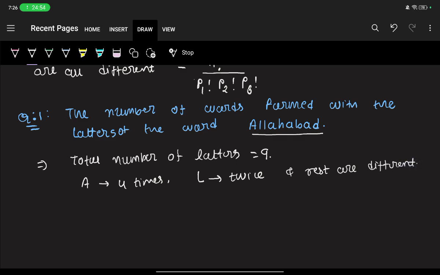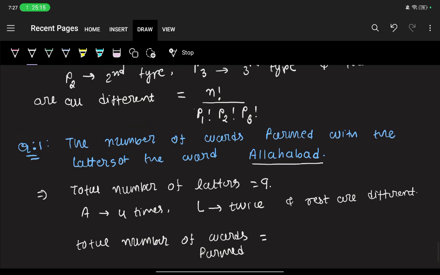All right. So total number of words formed would be simply 9 factorial. Remember that formula? We just wrote it down: n factorial divided by p1 factorial, p2 factorial, p3 factorial.